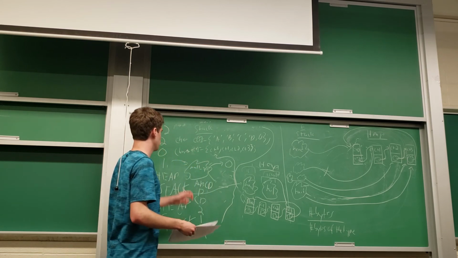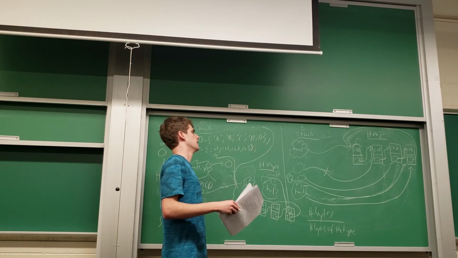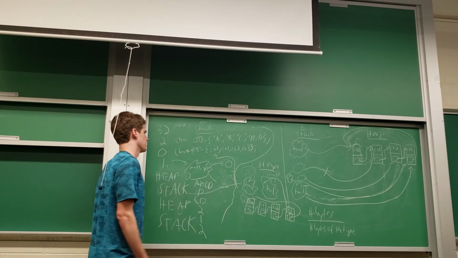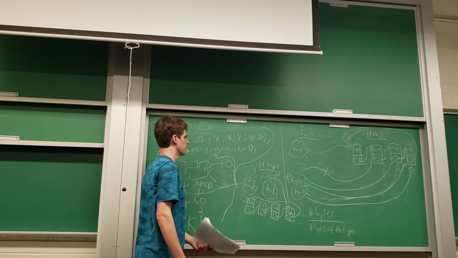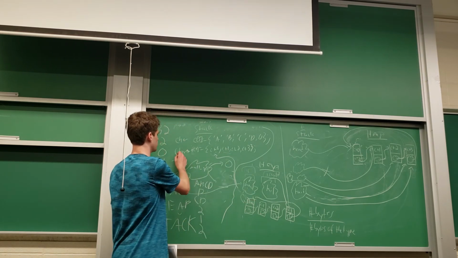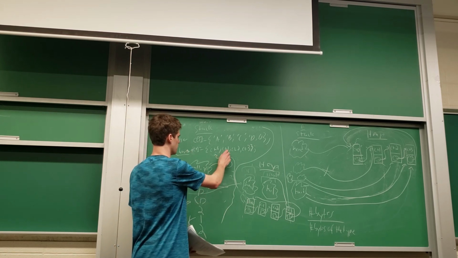So print the type of a plus 4. So 0, 1, 2, 3. Okay, so it goes one beyond. But the type is still char star. Oh, well, actually no, it's not. What is the type of this? So this is an array of char stars, right?